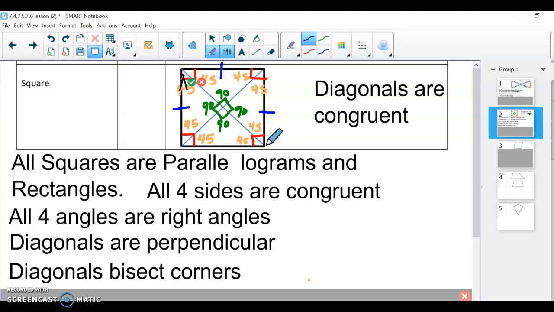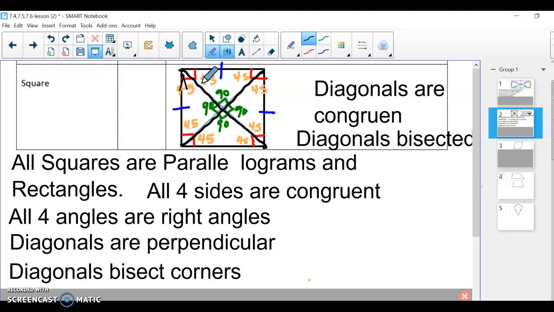Because squares are parallelograms, the diagonals are bisected too. So if this entire thing is 7, then each of those little halves would be 3.5. And if this was 7, then each of these little pieces would be 3.5. That's all that would be saying.